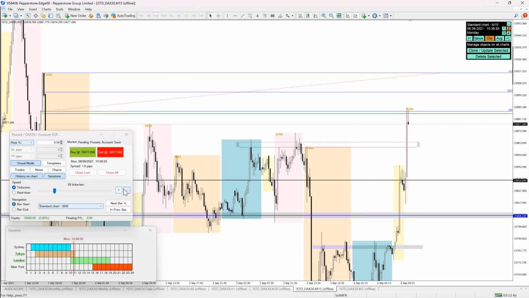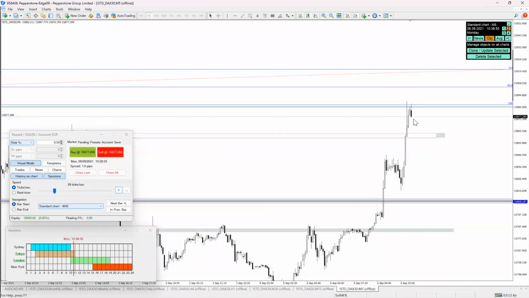So maybe wait for a 15-minute candle to close bearish, or if it's going to be a quick one, this 5-minute candle to close bearish and looking for it to break the low.